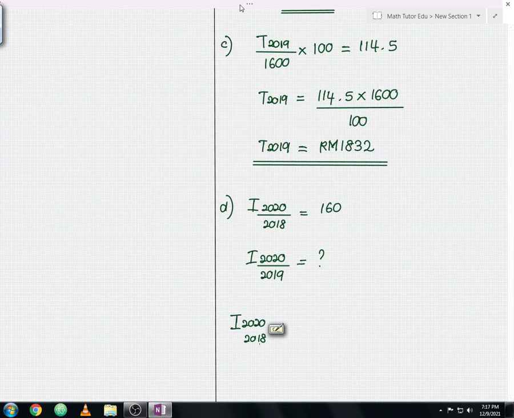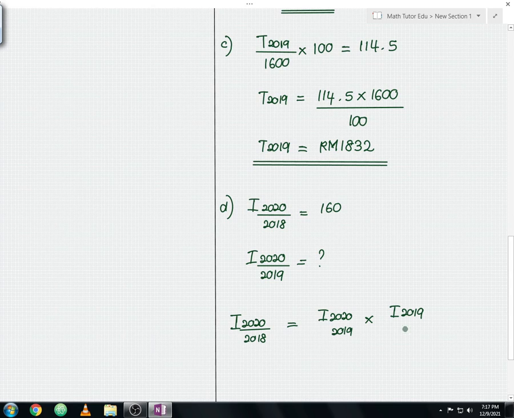Given that the price index for the year 2020 based on the year 2018 is equals to the price index for the year 2020 based on the year 2019, times with the price index of the year 2019 based on the year 2018, and you divide with 100. Let me underline the respective fraction lines.